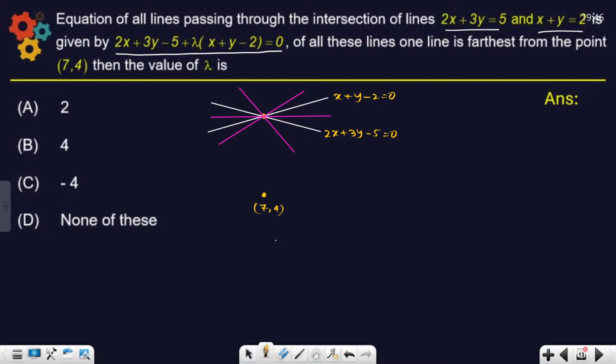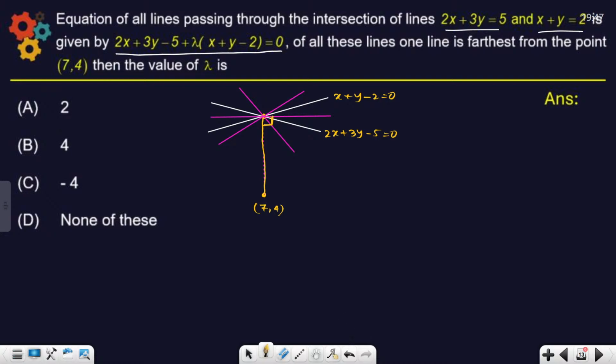Now the perpendicular distance will be farthest if the line joining this point and the point given are perpendicular to each other, that is, this distance is the farthest.